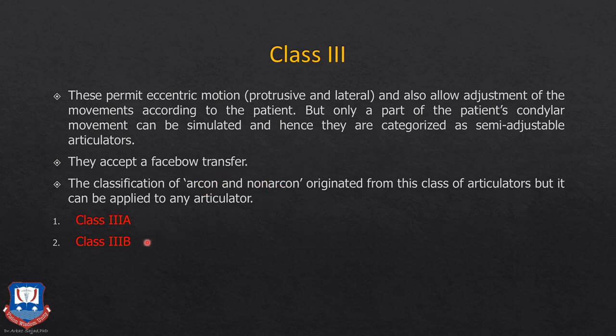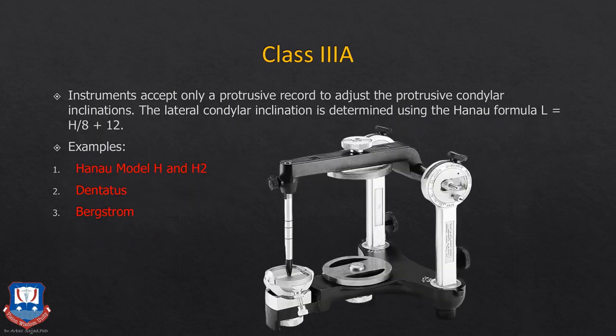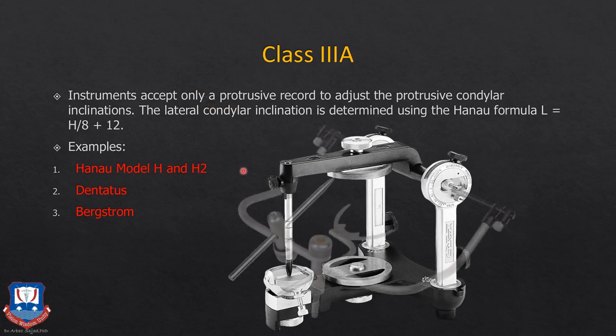There are two articulator categories in this class 3, that is class 3A and class 3B. Let us see what class 3A is. Class 3A is the articulators that accept only protrusive records. They do not accept lateral, that is laterotrusive records, and the lateral condylar guidance is calculated by a formula given by Hanau, where lateral condylar guidance is equal to horizontal condylar guidance divided by 8 plus 12.